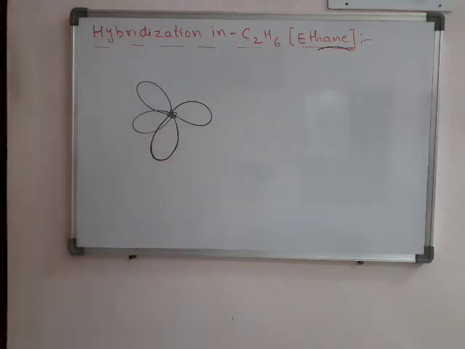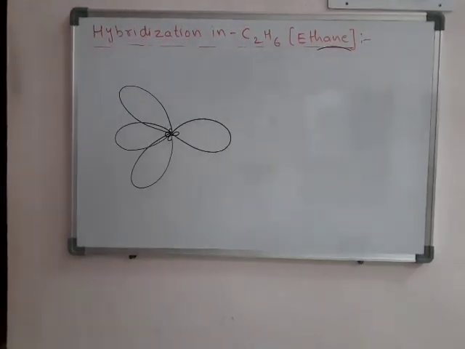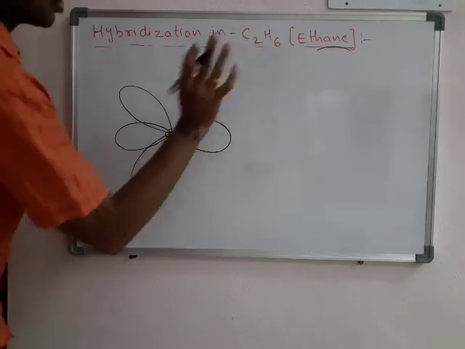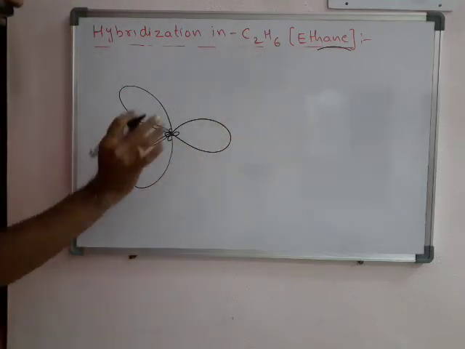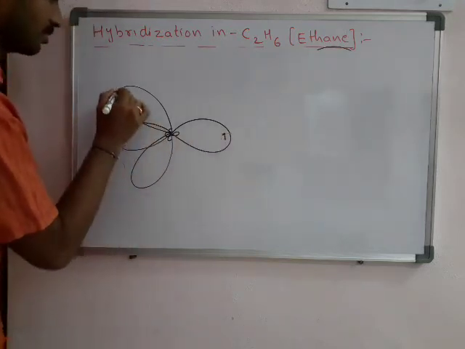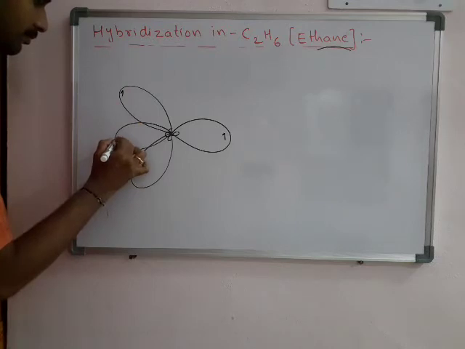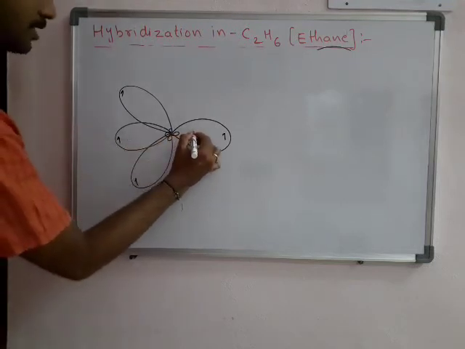These are 4 sp3 hybrid orbitals of a first carbon. All are having, sorry, not lone pairs, they all are having unpaired electrons. So all are sp3 hybrid orbitals.